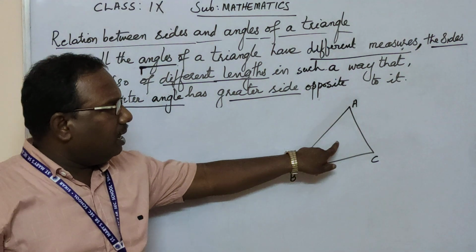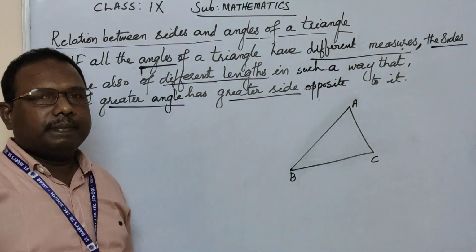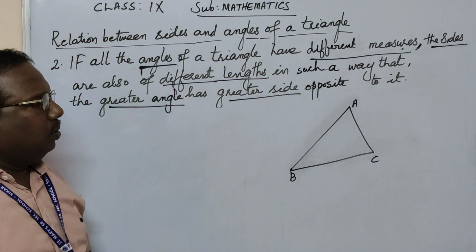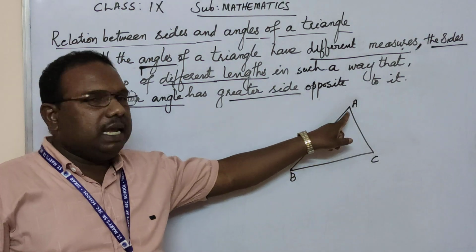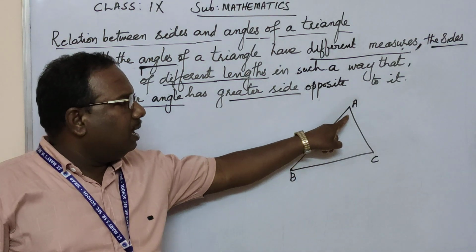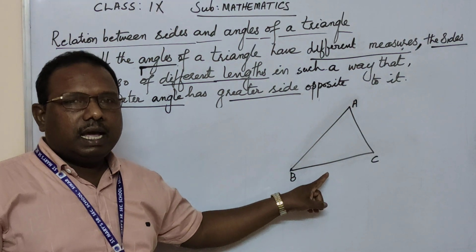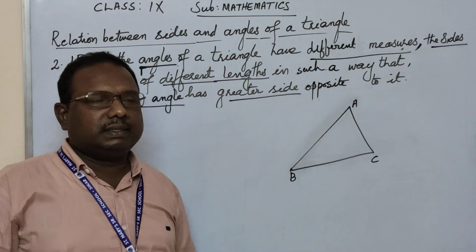Look at this triangle ABC. Yesterday you learned a triangle has 3 angles, 3 sides, and 3 vertices.